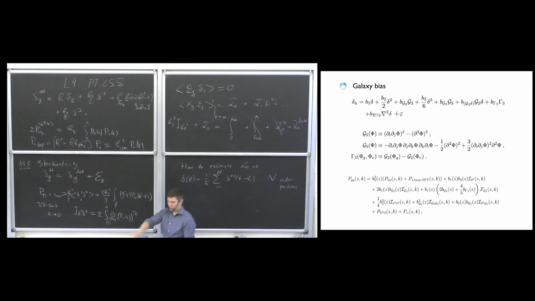I'm just spreading N random particles, so you can easily take the Fourier transform of this expression, and the corresponding power spectrum will scale like V over N, which is 1 over n bar.